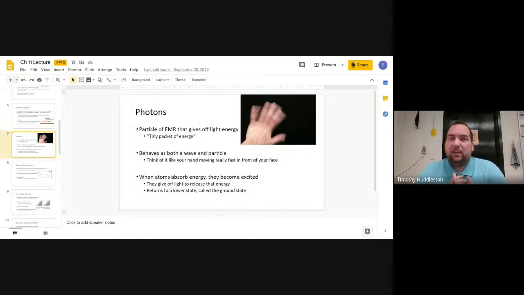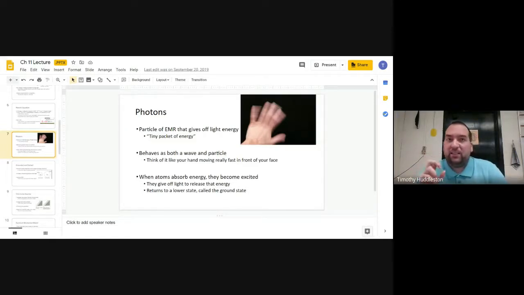Now, you might be thinking to yourself, what is a photon? When atoms absorb energy through any means, it could be electricity. If you stare at the light in your room right now, the electricity is being passed through a metal filament inside that light bulb. That is exciting the atoms inside that filament.